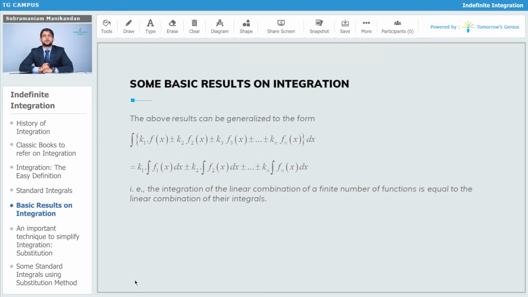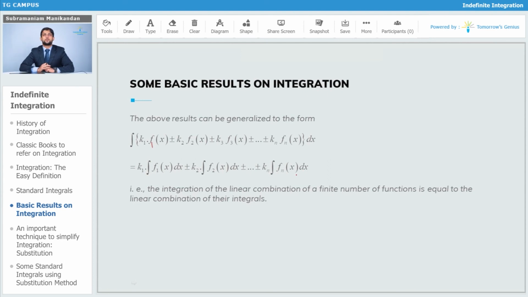So the above 2-3 results can be generalized, and they can all be combined together into this one big property. Integration of k1 f1(x) plus k2 f2(x) plus or minus k3 f3(x) and so on up to kn fn(x) will be equal to k1 times the integration of f1(x) with respect to x, plus or minus whatever the actual value is in the actual problem, k2 times the integration of f2(x) with respect to x, and so on up to kn times the integration of fn(x) with respect to x.